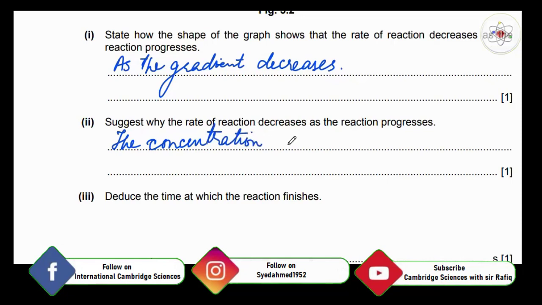Or you can write also that the particles of the reactants are changing into the particles of the product, so obviously leaving behind less number of particles of the reactants, so obviously there will be less frequent collision between the reactant particles to slow down the rate of reaction, right?